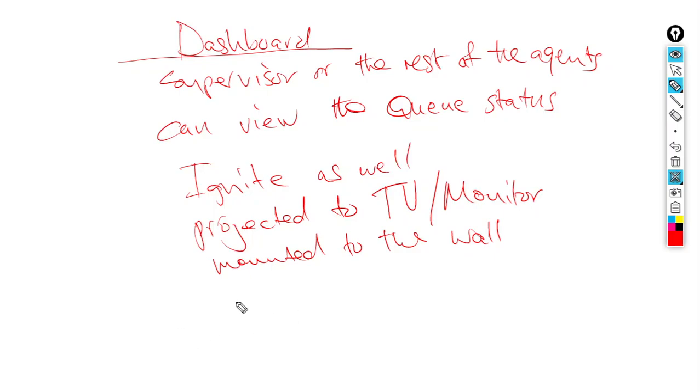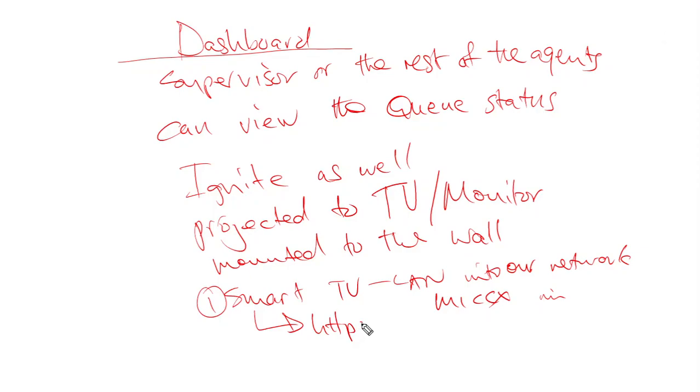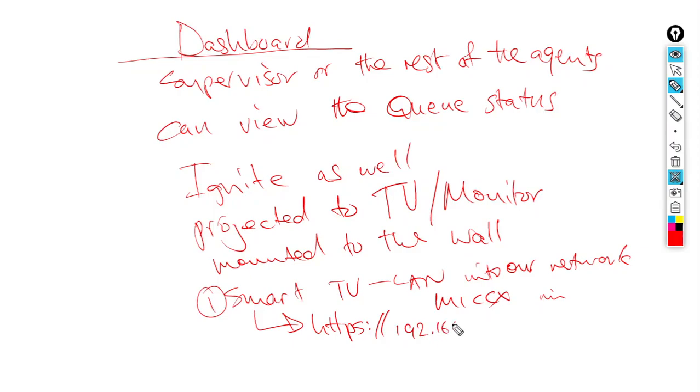So we can have a smart TV that has a LAN connection into our network, where the MyCCX is installed, so that we can open a web browser on the smart TV and put our link for the Ignite.